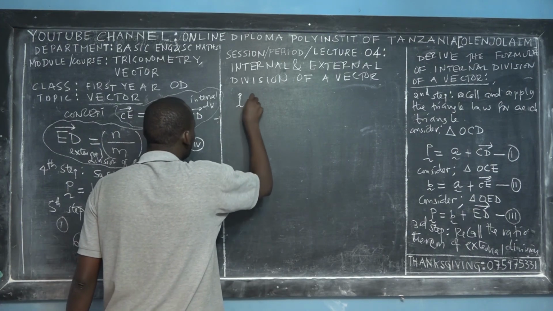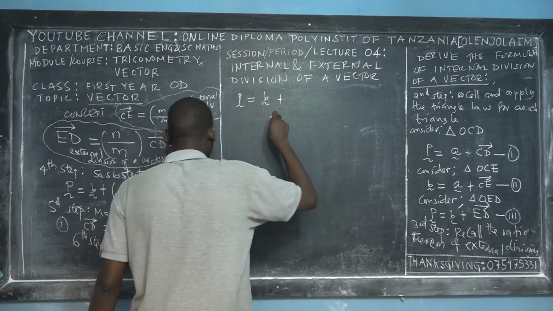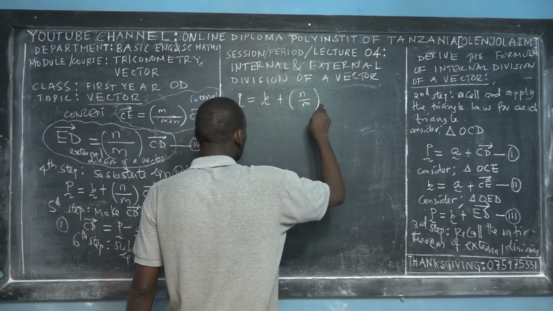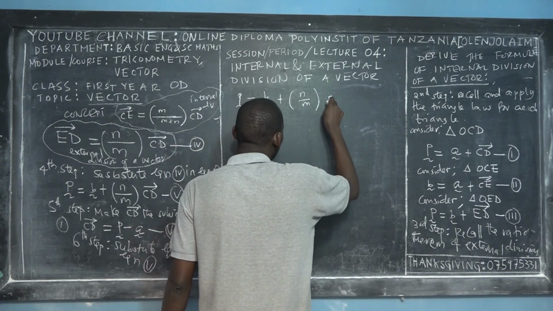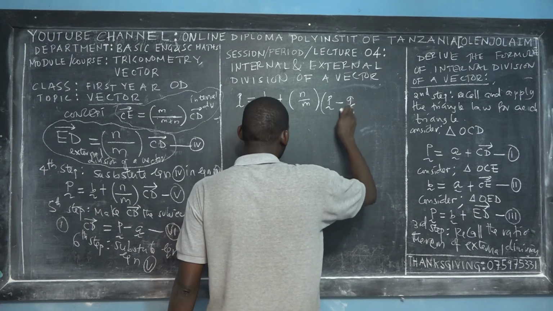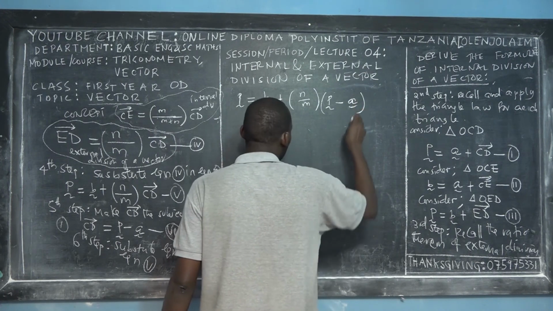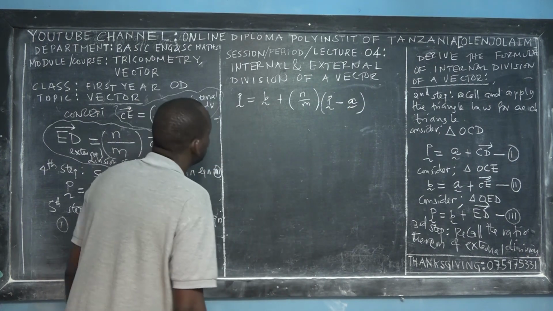So this is vector P is equal to vector B plus N over M, and then we say that vector CD is vector P minus vector A.